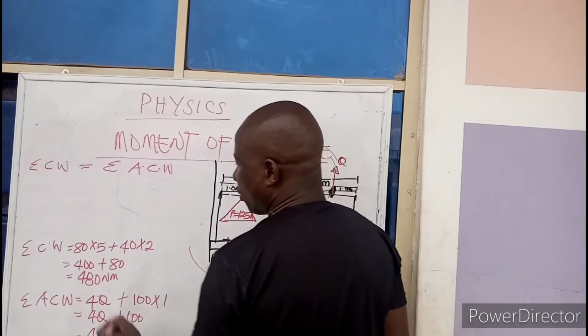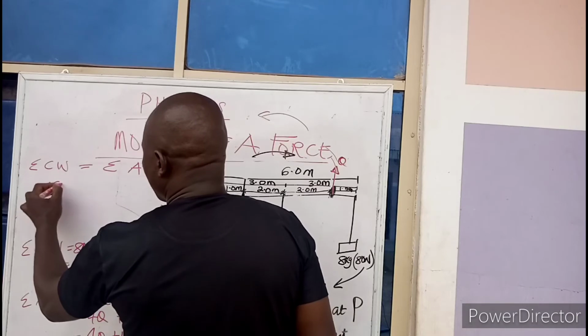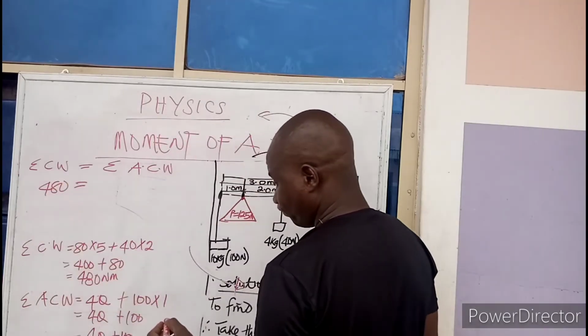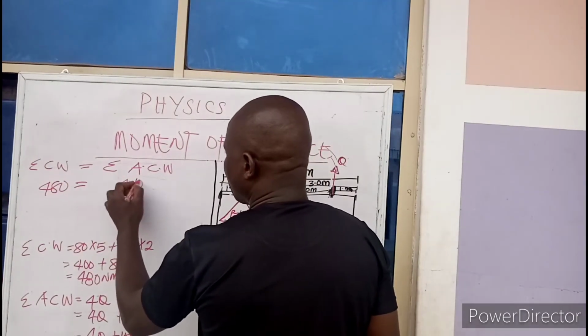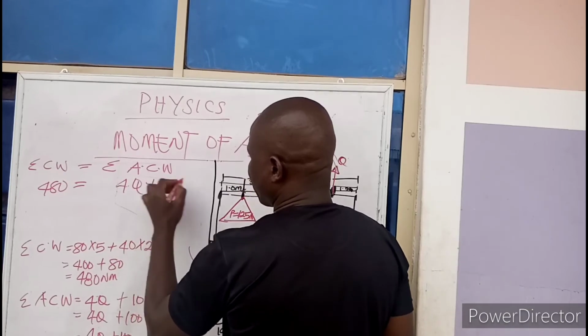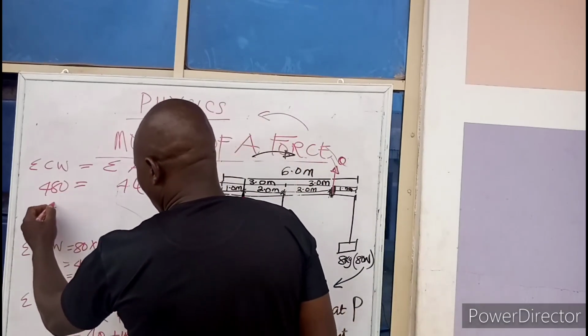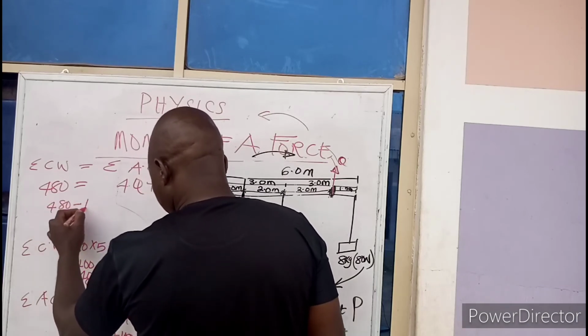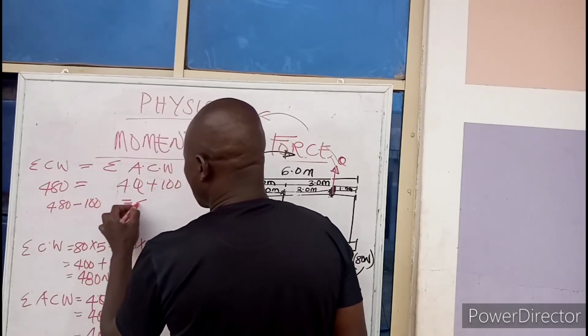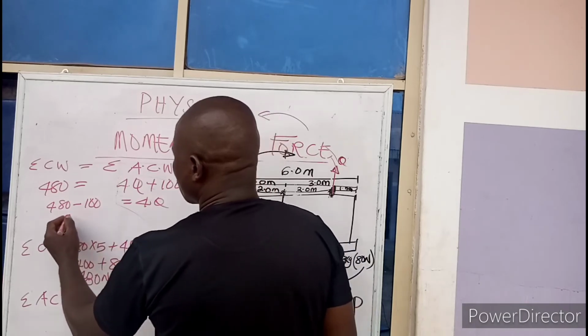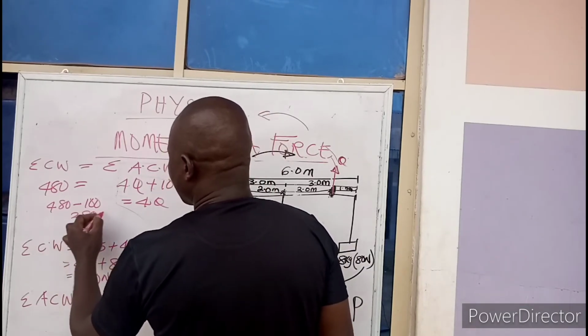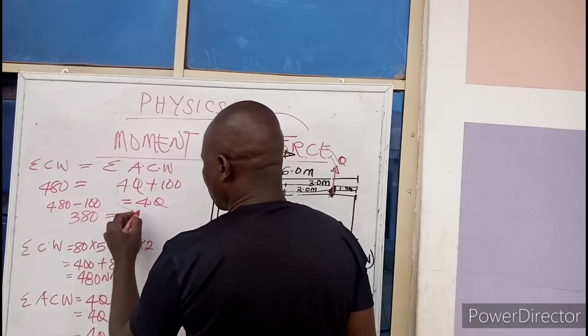What is our clockwise moment? That is 480 is equal to 4Q plus 100. If this 100 goes here, we now have 480 minus 100 is equal to 4Q. So this one gives us 380 is equal to 4Q.